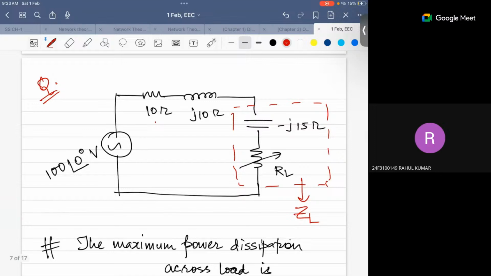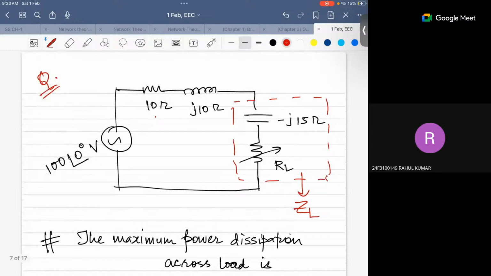But they have given that the resistance value is only varying and the capacitor value is fixed. Now you have to tell me what will be the value of RL such that the maximum power will get dissipated across the whole load. So this itself is a load, resistance plus capacitive, but the capacitor value is fixed. Only the resistance is getting varied.